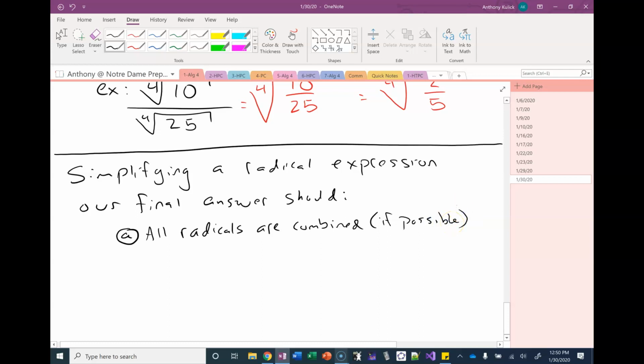So if we have multiple radicals in our problem, ideally they should be combined into a single radical if possible. All radicals are reduced.